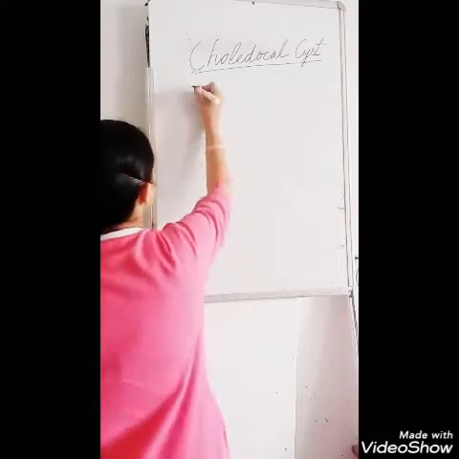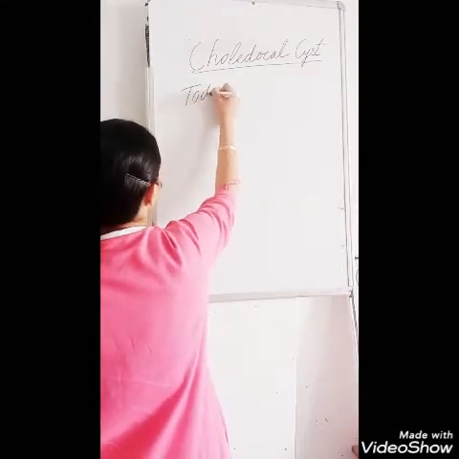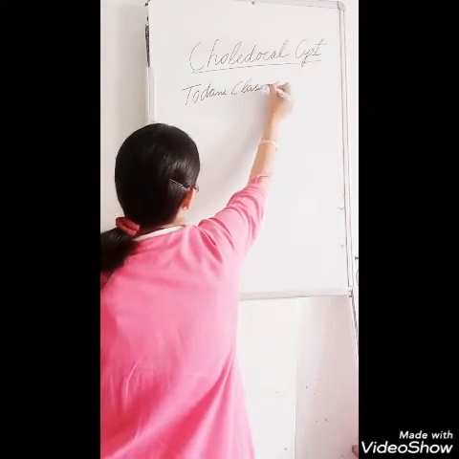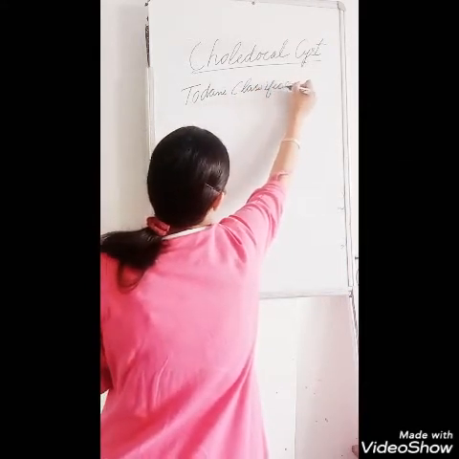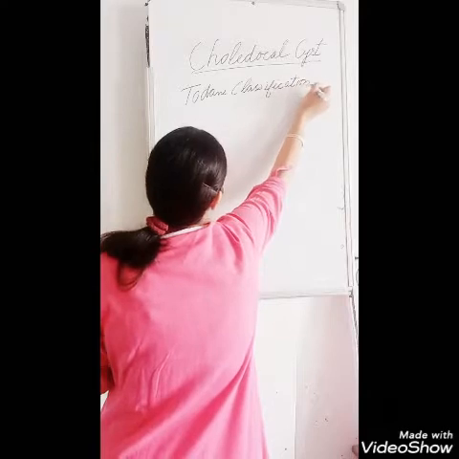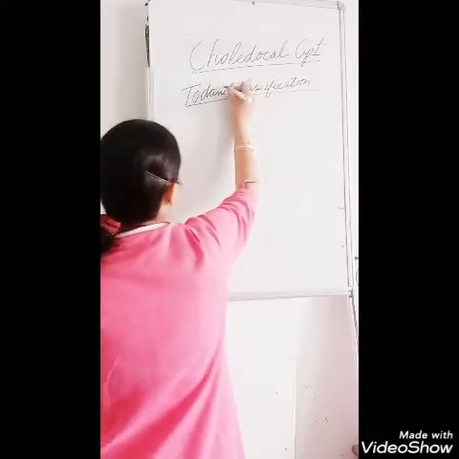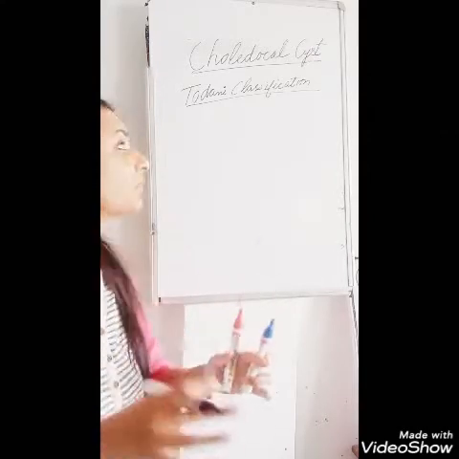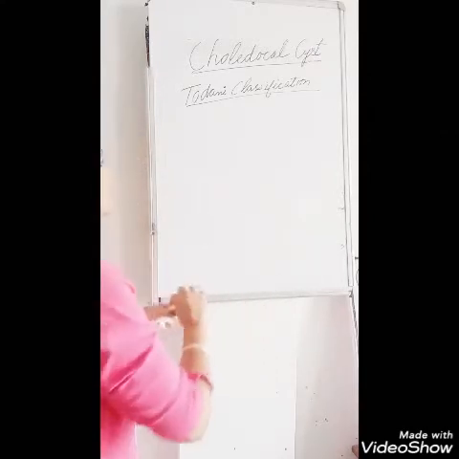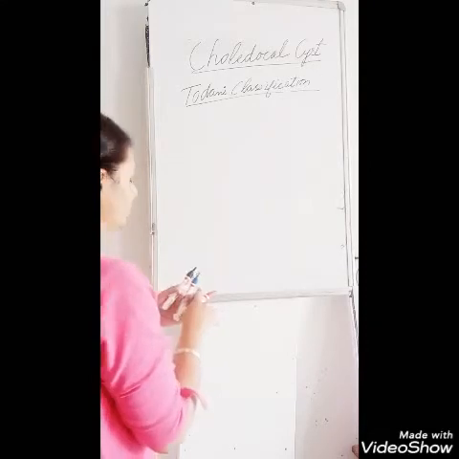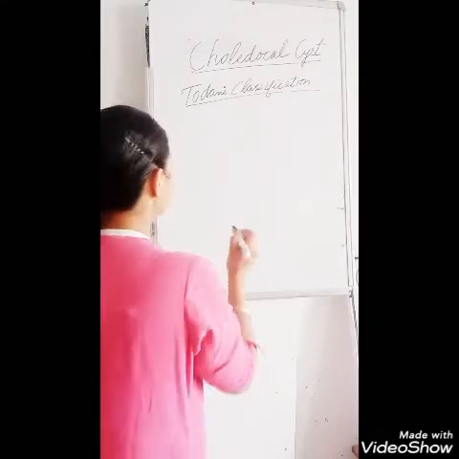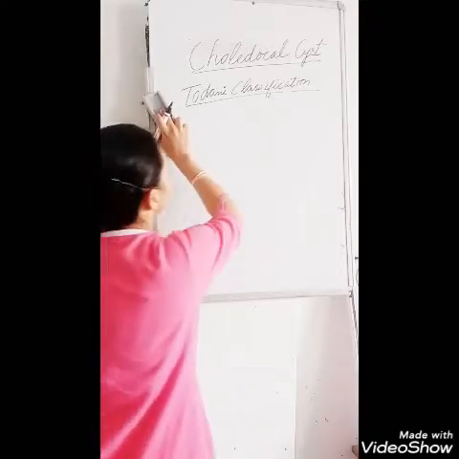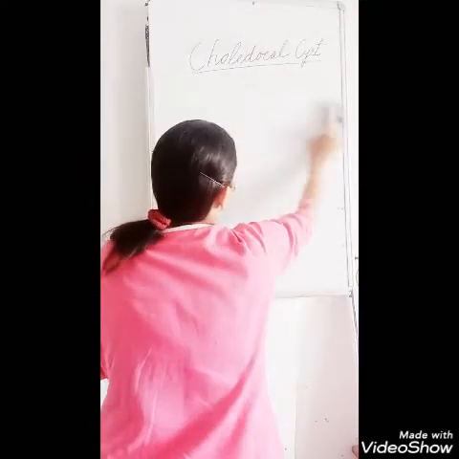This classification is known as Todani classification. According to this classification, there are 5 types of choledochal cyst. So we will understand each one by one. So this is the first one. I am just cleaning it.